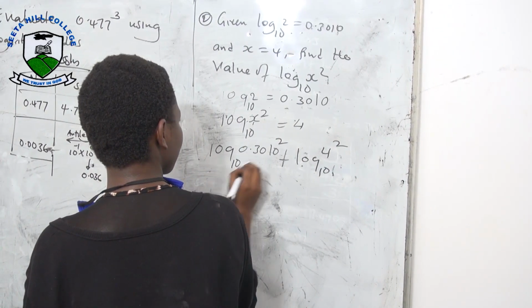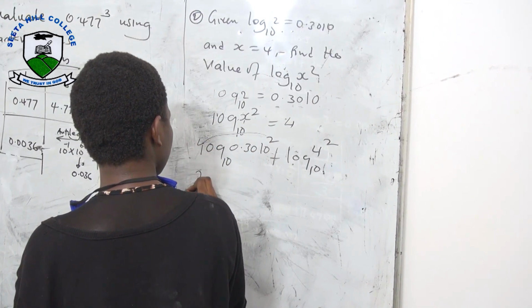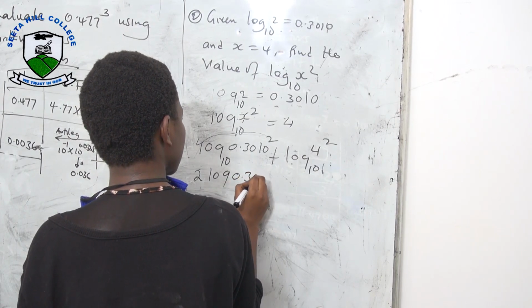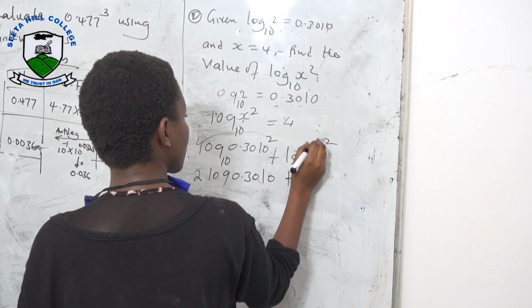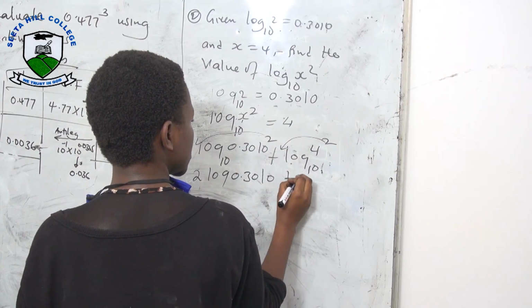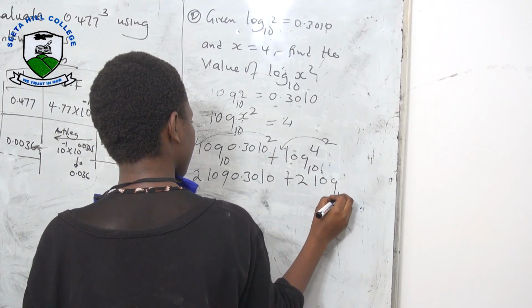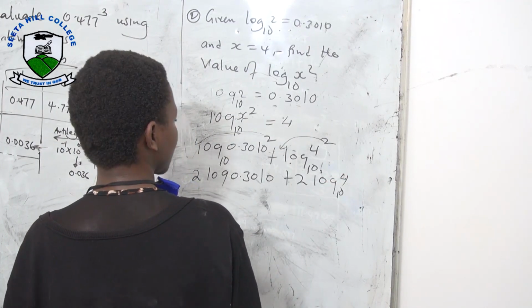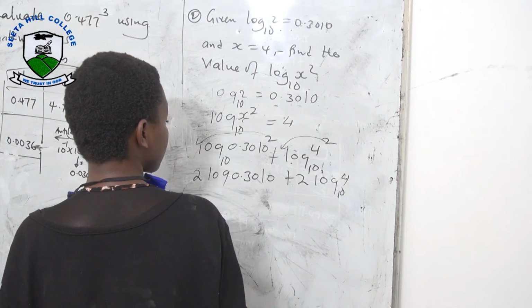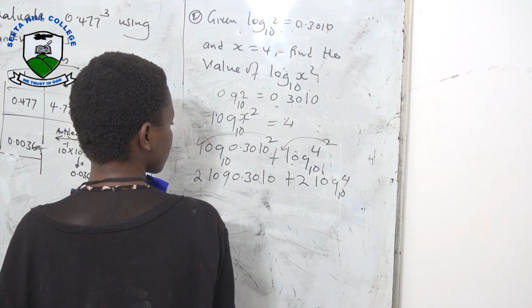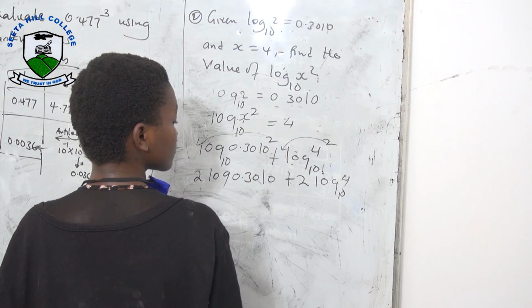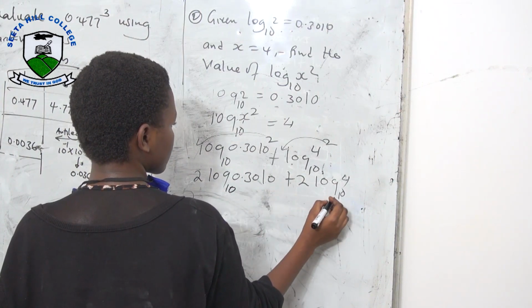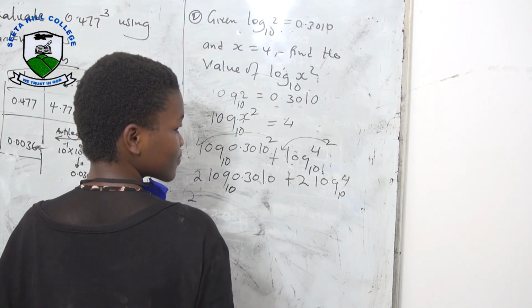Okay. Then I'll shift this to this side. Log 2, 0.31, plus also the 2s, I'll bring it this side. One count. Two times.